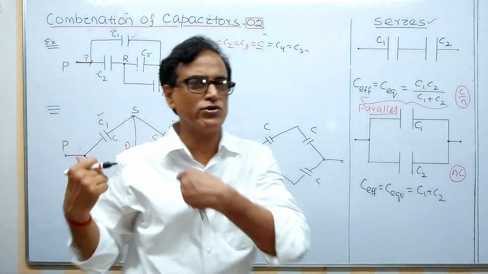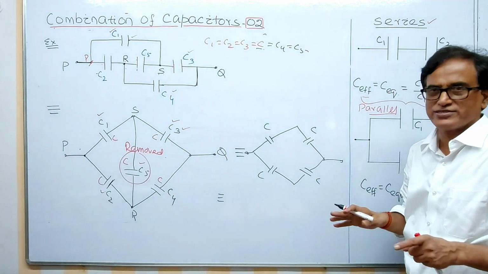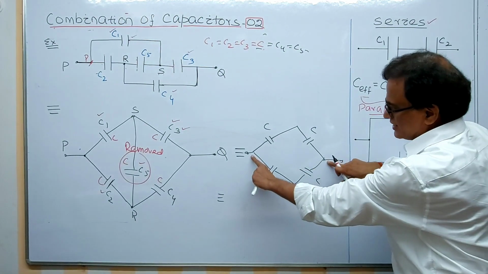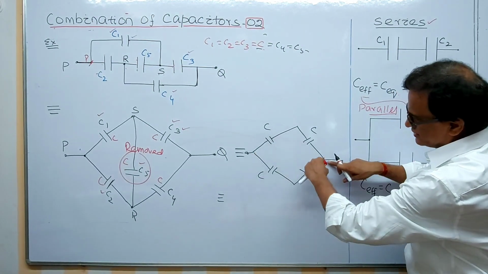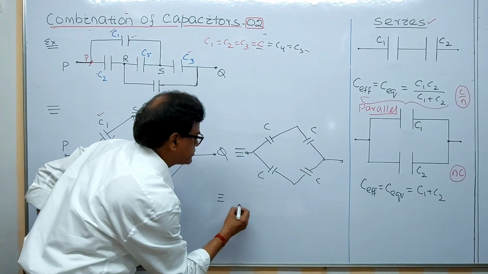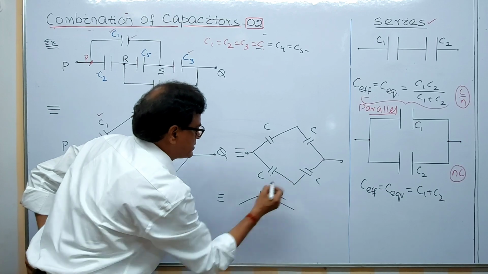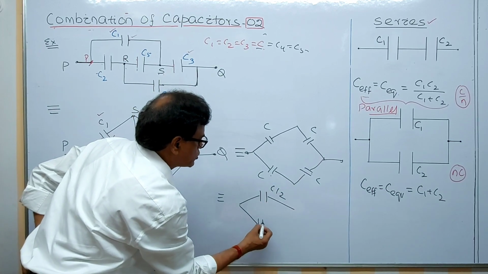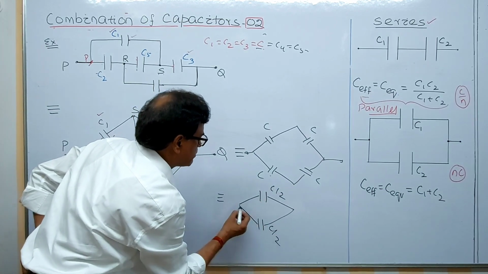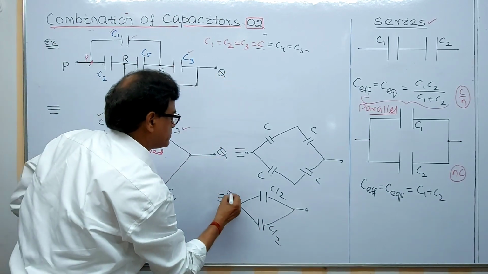I think you should visualize this one directly. If you don't understand these two are in series, I am helpless. So these terminals are there, these two are in series. C, C in series gives you C by 2, and this C, C in series gives you C by 2, and these are the two terminals PQ.